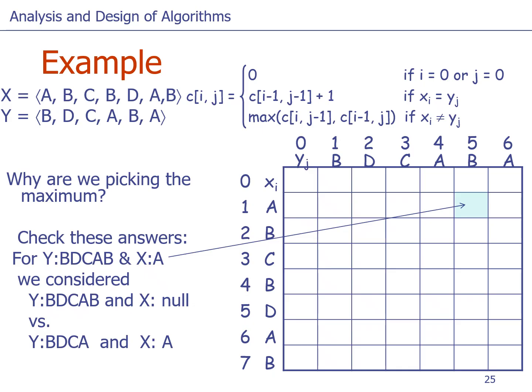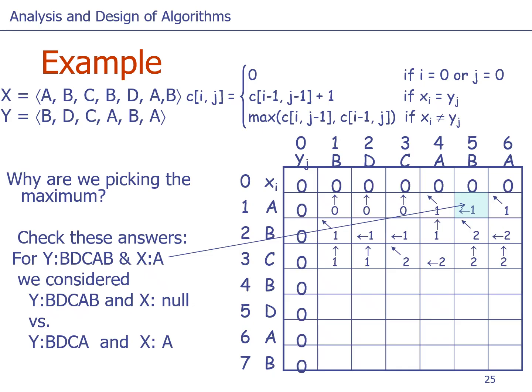So I'm not going to spend time explaining these 2 slides, this one and the next one, but I've just added them for you as an exercise to work out some values and see why we are doing the maximums. Okay, so this is the same example we looked at before, except I'm showing you the impact of actually going to the left cell and the top cell to figure out which one we should consider as the optimal solution.